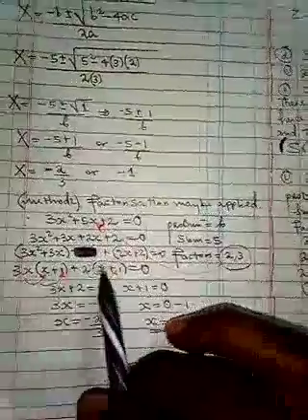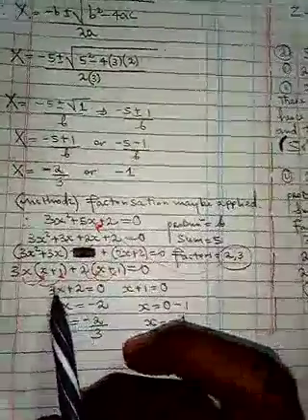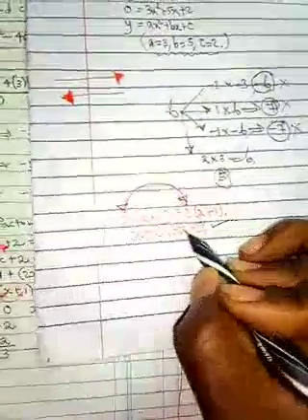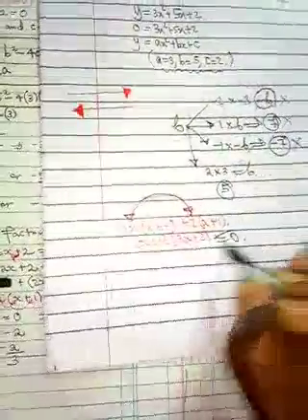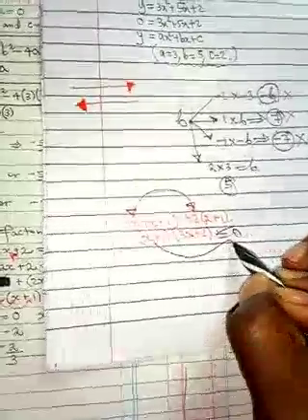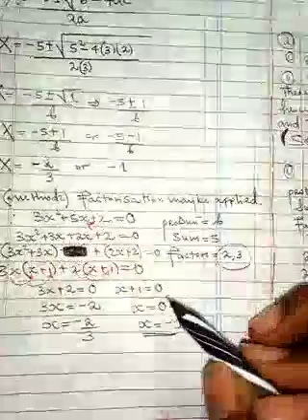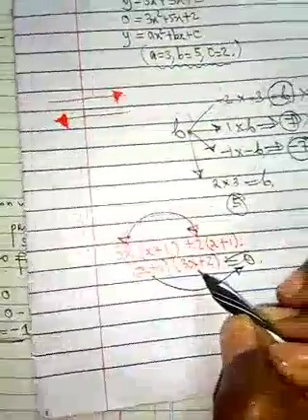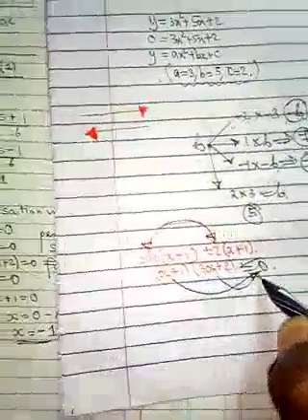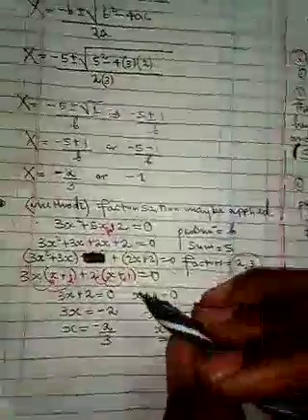So once you do that, you now need to equate these expressions individually to 0. Imagine they're equal to 0. So your x plus 1 is going to be equated individually to 0, just like I did. X plus 1 is equal to 0. And your 3x plus 2 as well should be equated individually to 0. Again, that's just what I did.